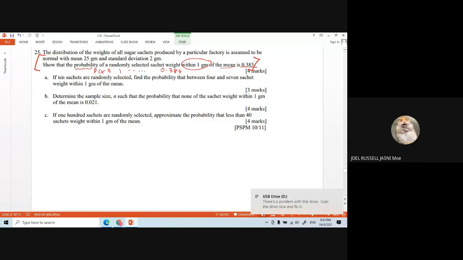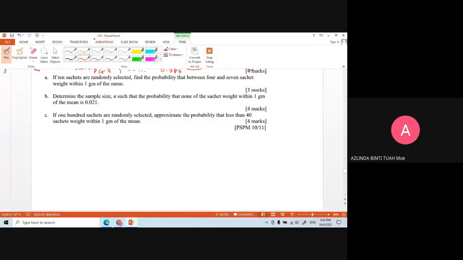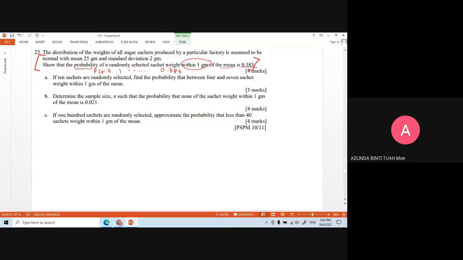Guna modulus. Jangan fikirkan tentang modulus, nanti susah kamu nak buka modulus lagi. Fikirkan simbol-simbol yang biasa kita nampak: greater than, atau less than, atau in between. In between, madam.